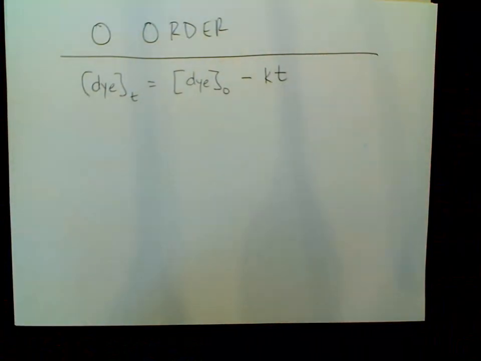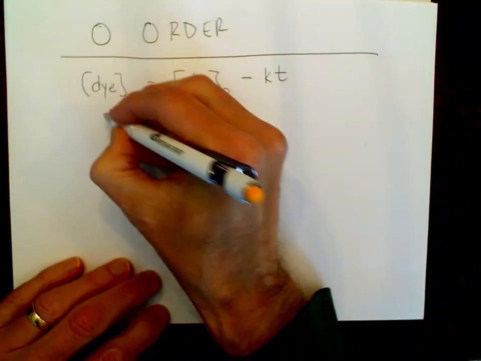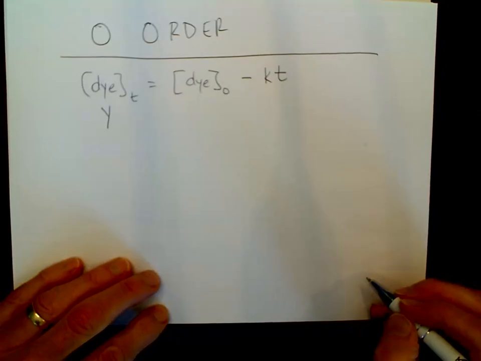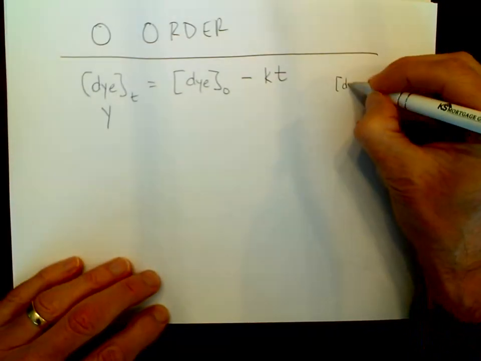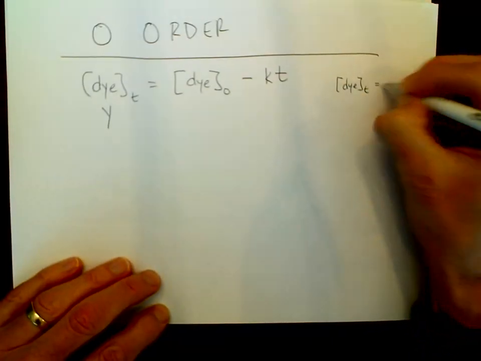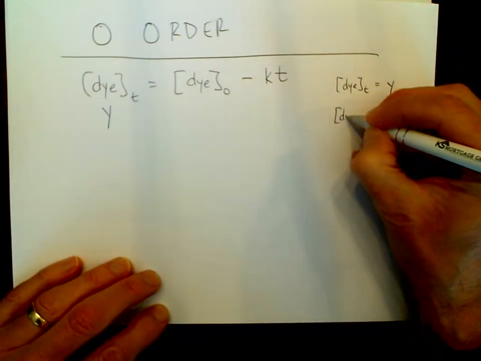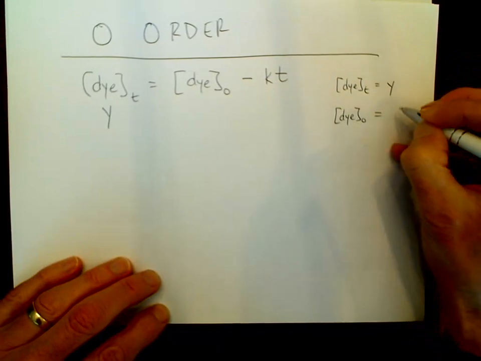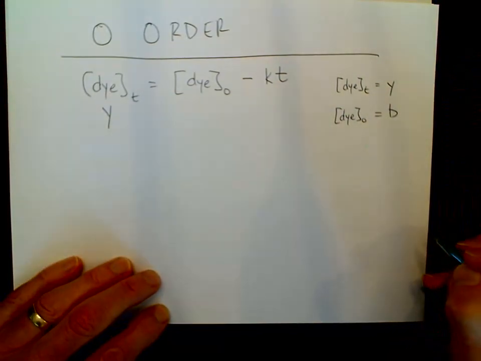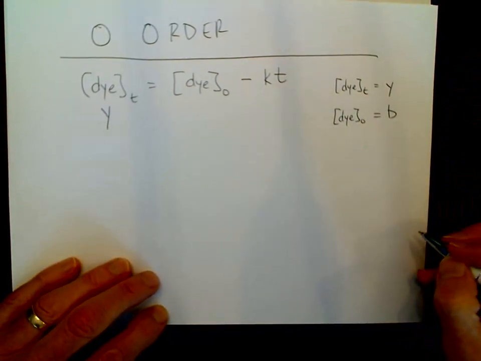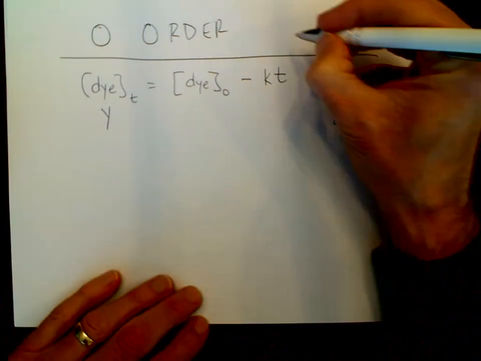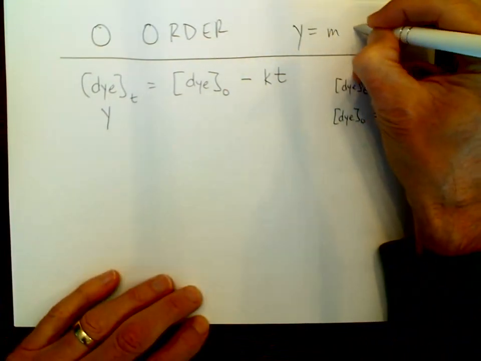Now why is this a line? Well, here's why. I'm going to make this equal to y. So the concentration of dye at some time t, we're going to make that equal to y. The concentration of the dye initially, we're going to make this b. The intercept, right? Y equals mx plus b is where we're going. If we want to linearize something, we want to get it into the form y equals mx plus b.